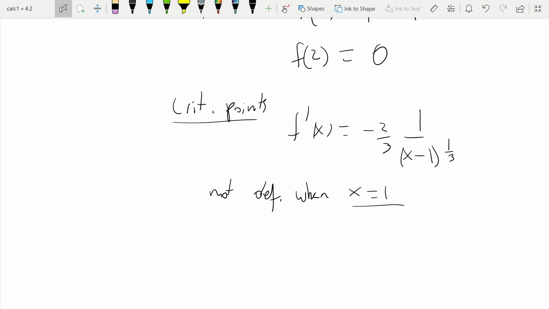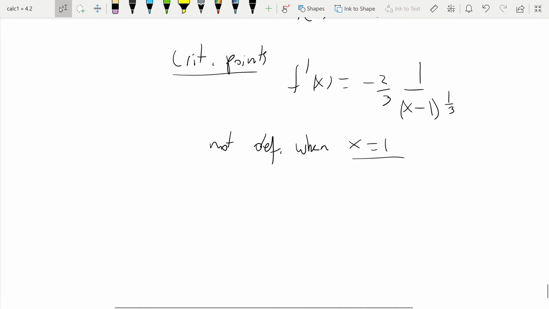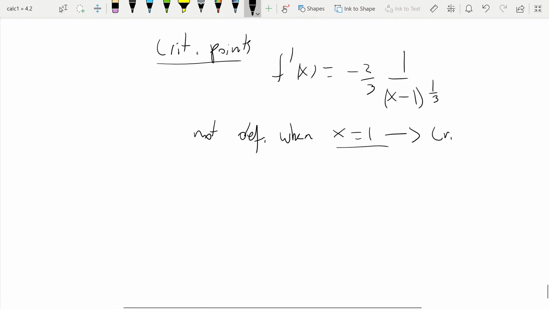If you compute it by definition, you will see that the function, even though it's defined when x is equal to 1, doesn't have a slope, it has a cusp. And so it cannot have a derivative there. So this is a critical point. So x equals 1 corresponds to a critical point.